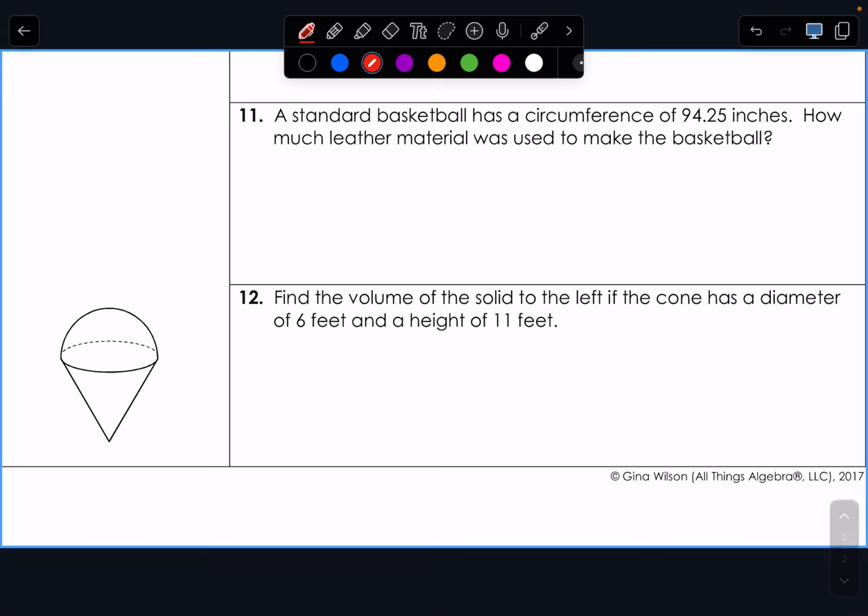Okay. In number 12, we have this ice cream cone. It has a diameter of 6 feet. What does that mean? So the radius is 3 and a height of 11. I want to know the volume of the whole solid. So let's talk about what this is.